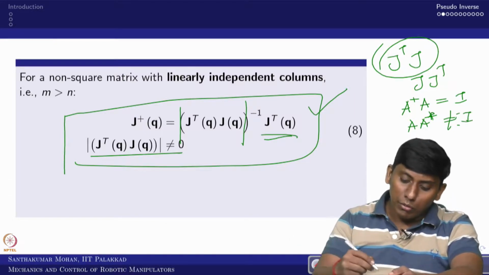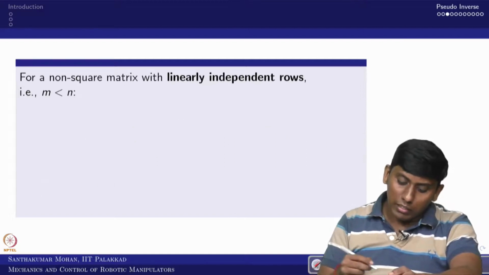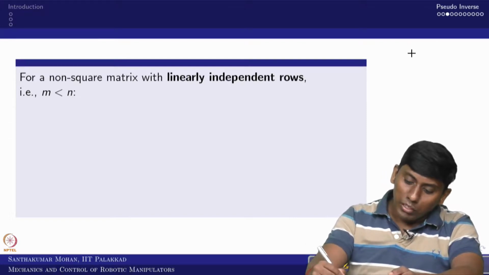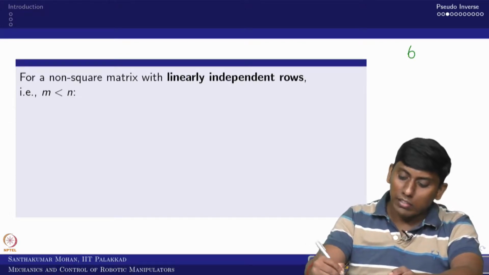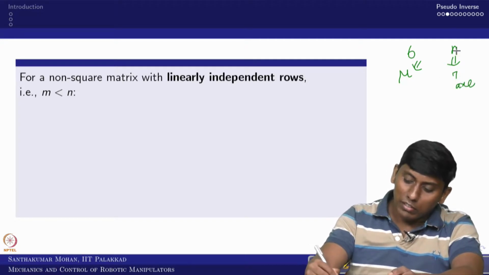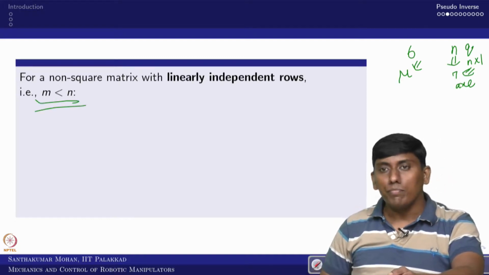Now the other way around: if m is less than n, for example 6 is the mu vector but n is 7 axes. In the sense Q is n cross 1, that is 7 axes, so you have 6 equations but 7 unknowns.